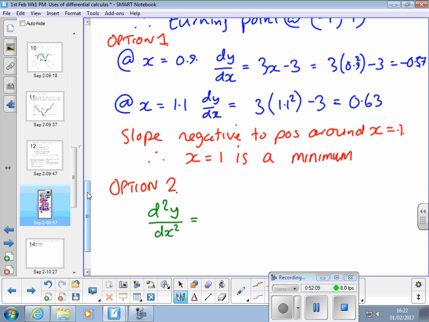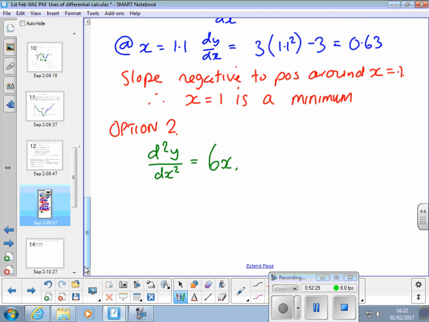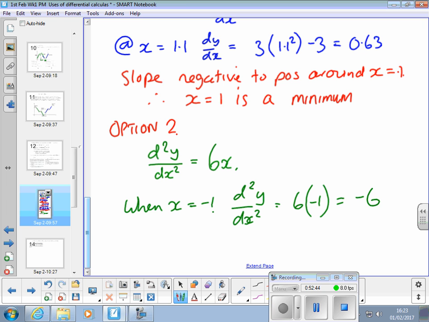The second differential of that is 6x. When x is equal to minus 1, d2y by dx squared equals 6 times minus 1, which is minus 6.